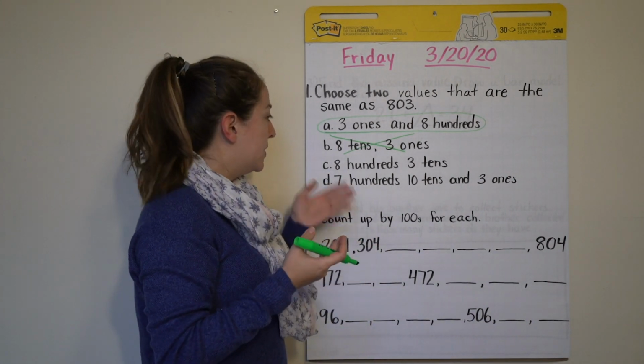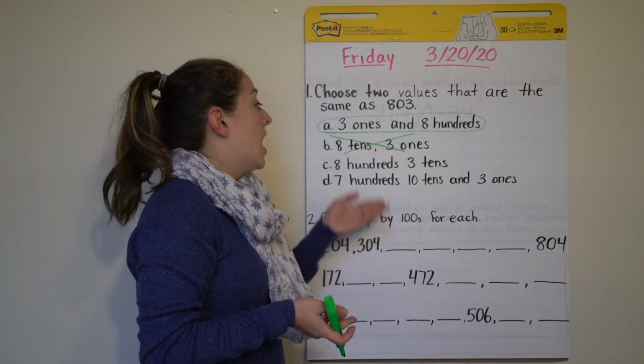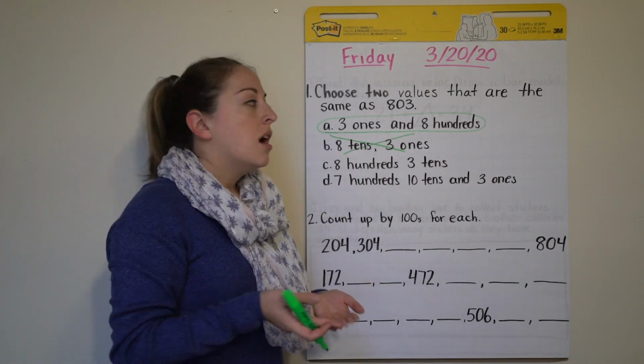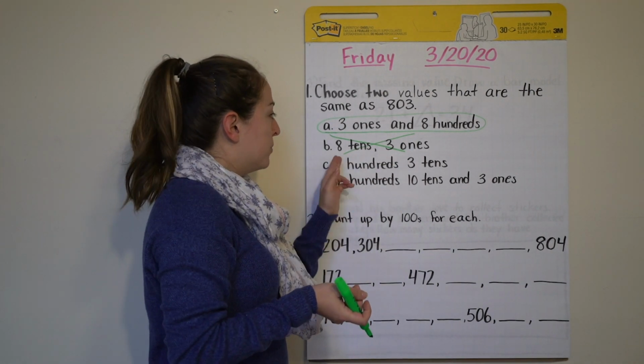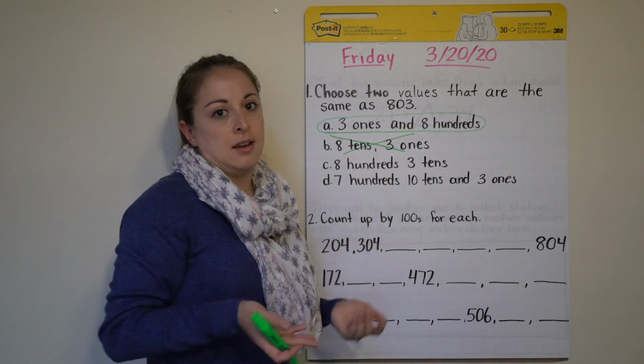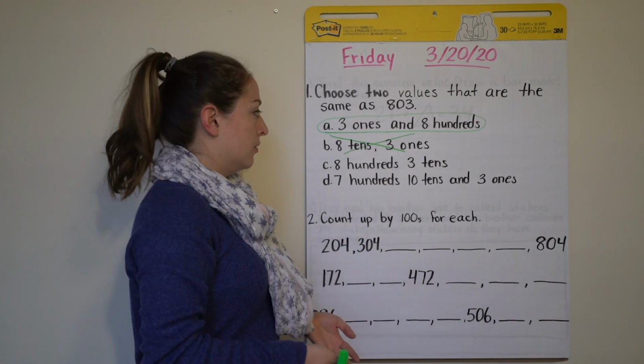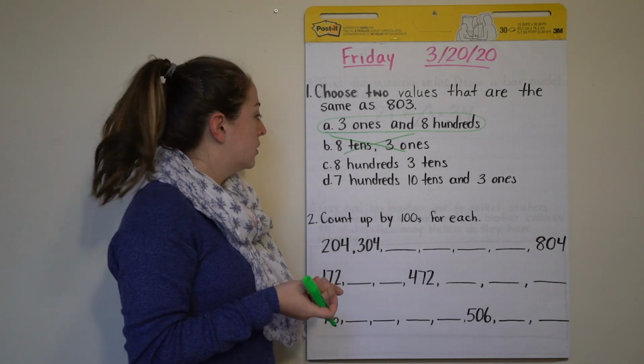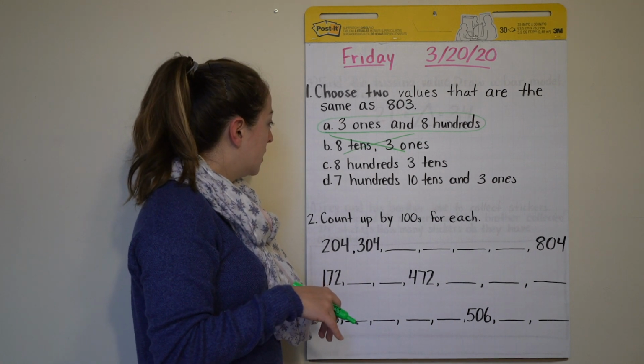It's a 0, so we don't have 8 tens. And we do have 3 ones, but when we read this off, the number would be 83. It wouldn't be 803, so that's why that doesn't match. Let's move to the next part.